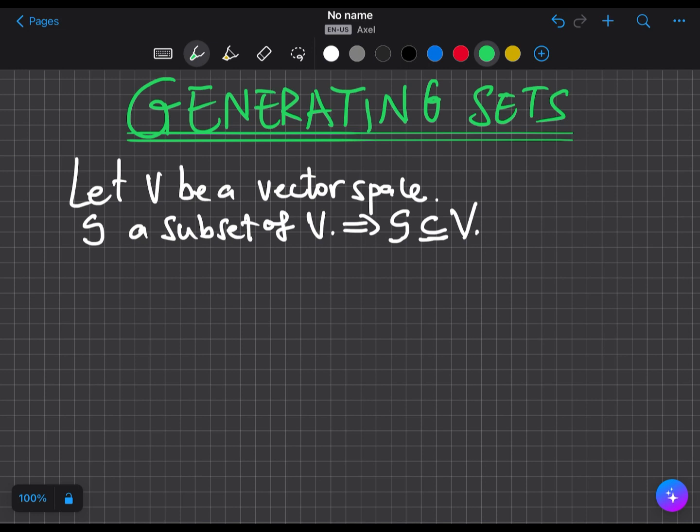Now, after we covered vector spaces and subspaces, now comes the notion of generating set, which will be based on vector spaces and subspaces.